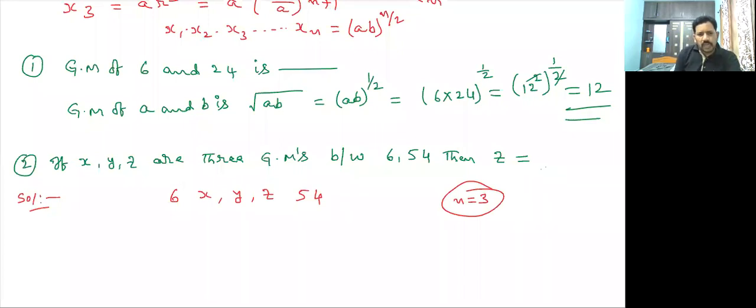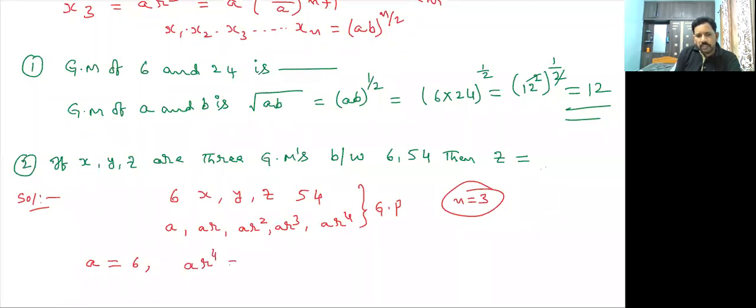Okay. Now how to find x? So in general we know that this is A, this is AR, this is AR square, this is AR cube, AR power 4, because these are in GP series only. By observing the combination, what is A value? 6. And observe the last one, AR power 4.